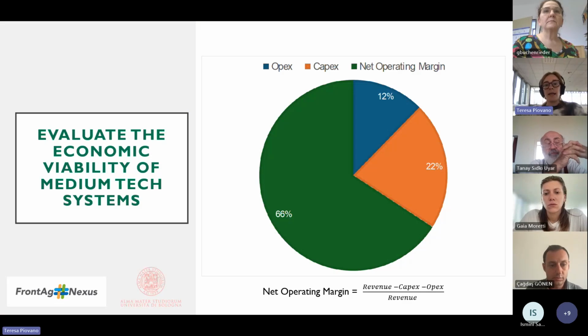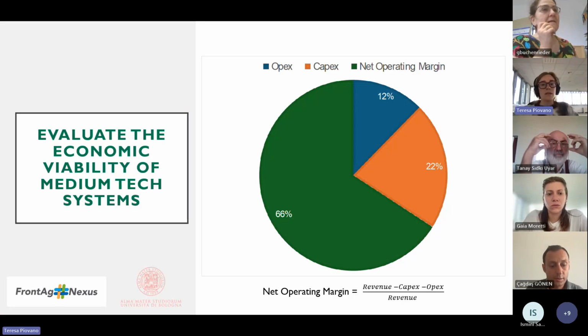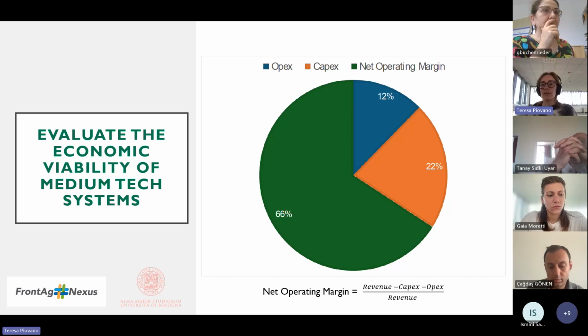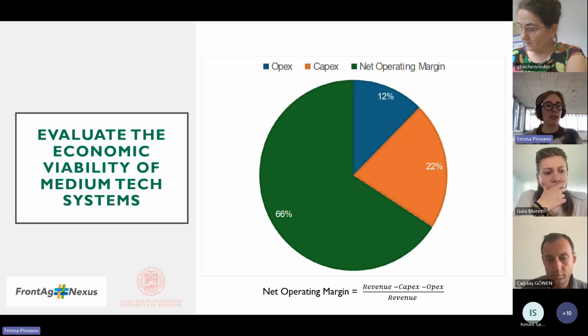Here I made a simple graph just to see how my money is distributed on the revenue and on the costs. This graph represents the OPEX, the CAPEX, and the net operating margin. So we already defined the CAPEX, the capital expenditure.